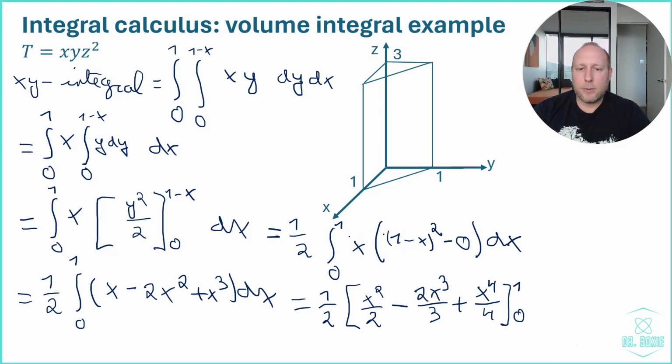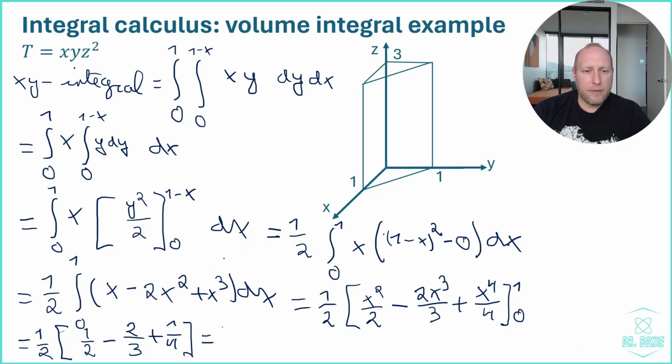Now evaluating it all at 1 just means replacing all the x's so the numerators are all 1. And plugging in 0 just gives 0 for everything. And so we're left with 1/2 times what we get if we replace all the x's by 1, which is 1/2 minus 2/3 plus 1/4, which if we put everything on the common denominator of 12 gives us 6 minus 8 plus 3.